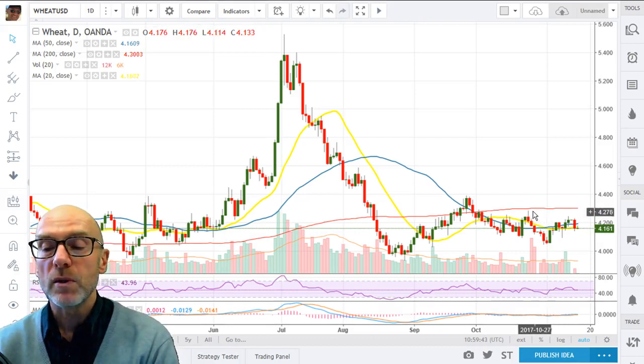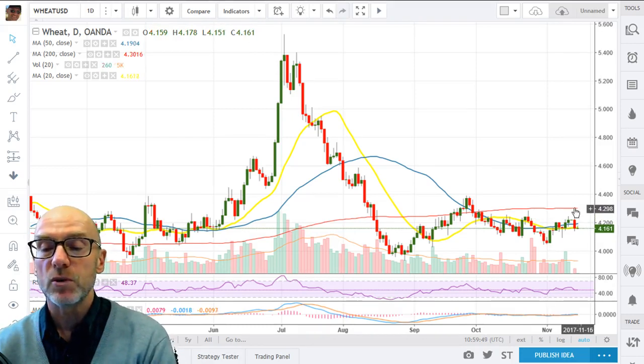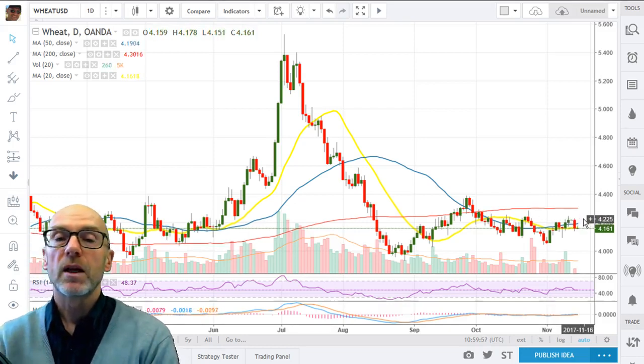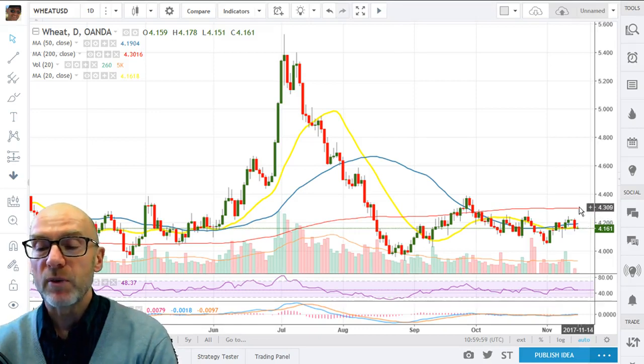And at the moment, the longer term picture still looks okay because the 200 day is still moving up. So be aware of that. On the upside, if we can break that 4.24, break that pattern of lower highs, then if we get above that 200 day, that could give a push through the resistance at 4.38.